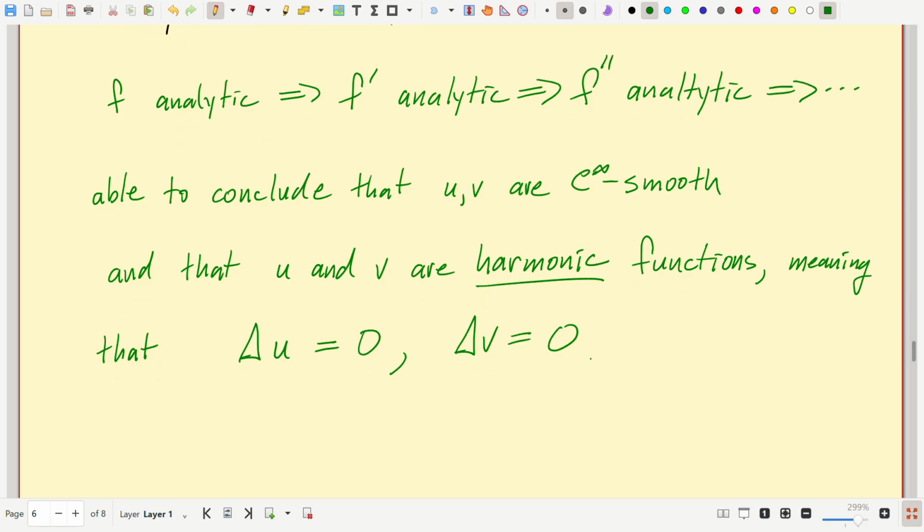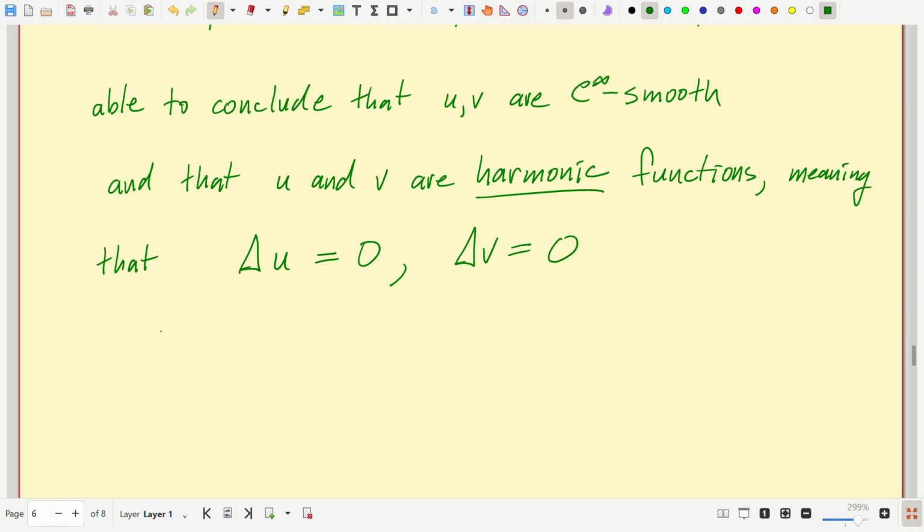And you remember what Laplacian means? It's d2u dx squared, that's a second order partial differential equation, plus d2u dy squared equals 0. That's the Laplacian.